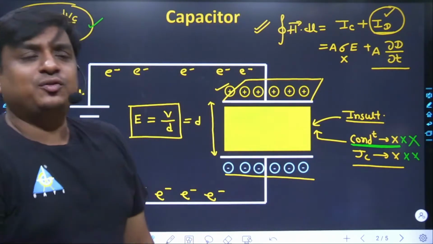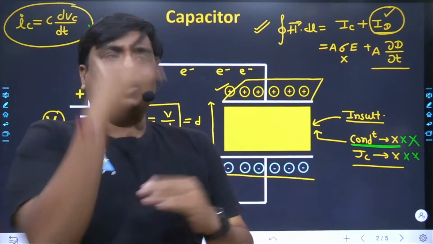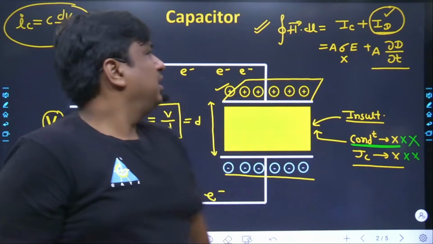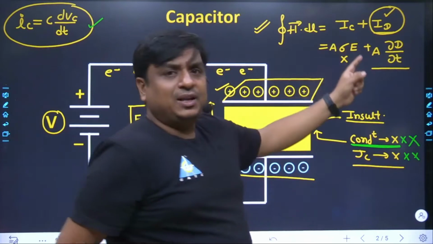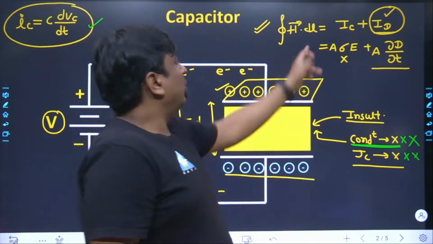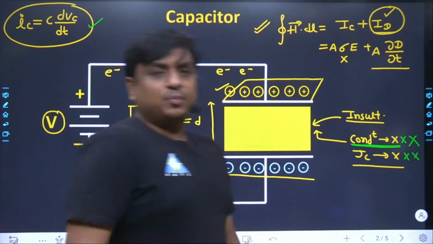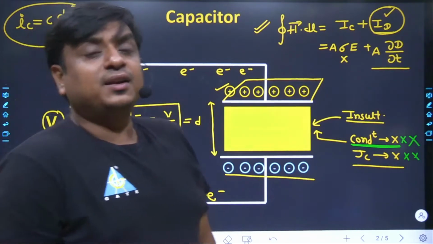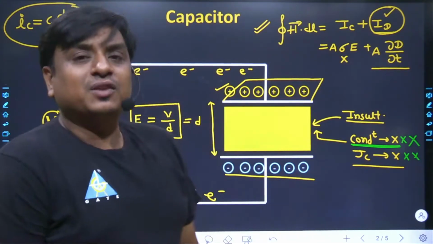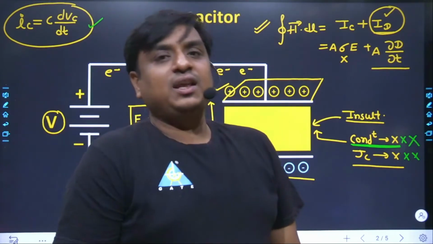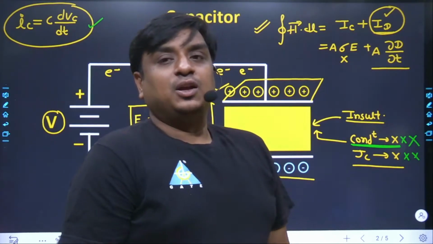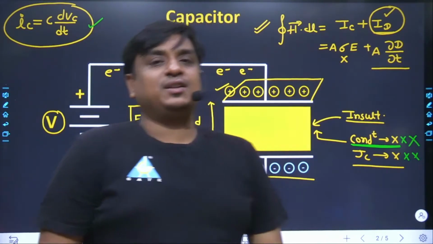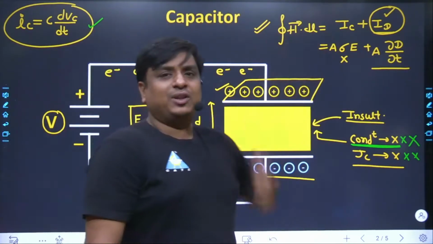But when Maxwell was consolidating all four formulas and the correlations were built, he got to know this formula was a little bit incomplete. So deliberately he put in the current ID, the displacement current. One of the worst things was that he did not have any experimental proof of ID. So in that era, most of the scientists were scolding Maxwell like anything.